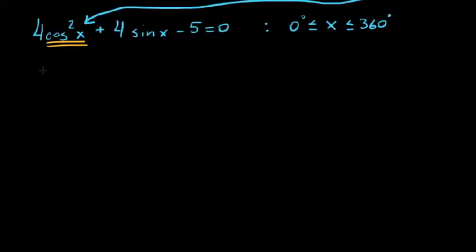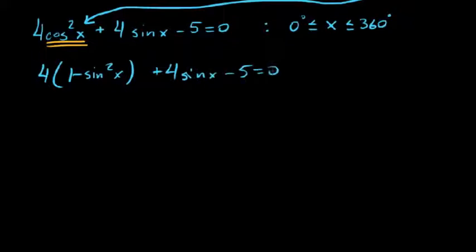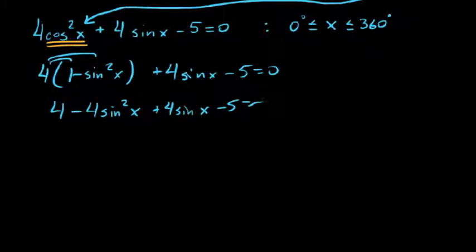So now what we end up with is this. We have 4 times 1 minus sine squared of x, in place of cosine squared of x, plus 4 sine of x minus 5 equal to 0. Now we're going to tidy this up a bit by distributing our 4 on the left and then combining like terms. So what we end up with is 4 minus 4 sine squared plus 4 sine x minus 5 is 0.